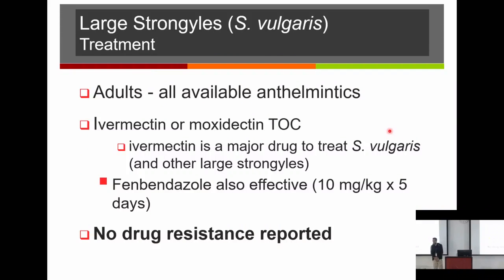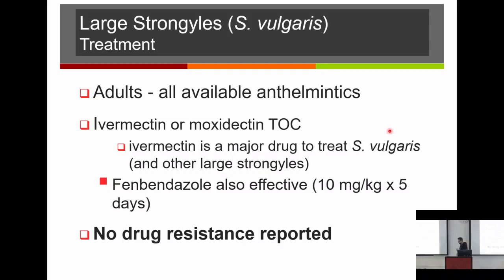For the treatment plan of this group of parasite, luckily we are in good shape. Resistance is not a big problem in this group of parasite. Ivermectin or moxidectin is the drug of choice and works perfectly well. Ivermectin is a major drug to treat Strongyles vulgaris.